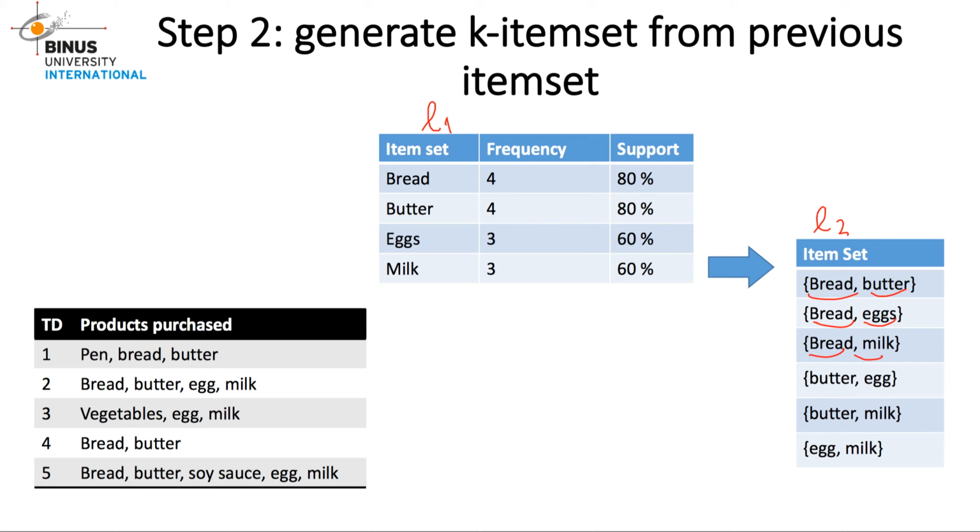The next combination is butter and egg, butter and milk. And then the last combination is egg and milk. Yeah, these are all the possible combinations from our L1.